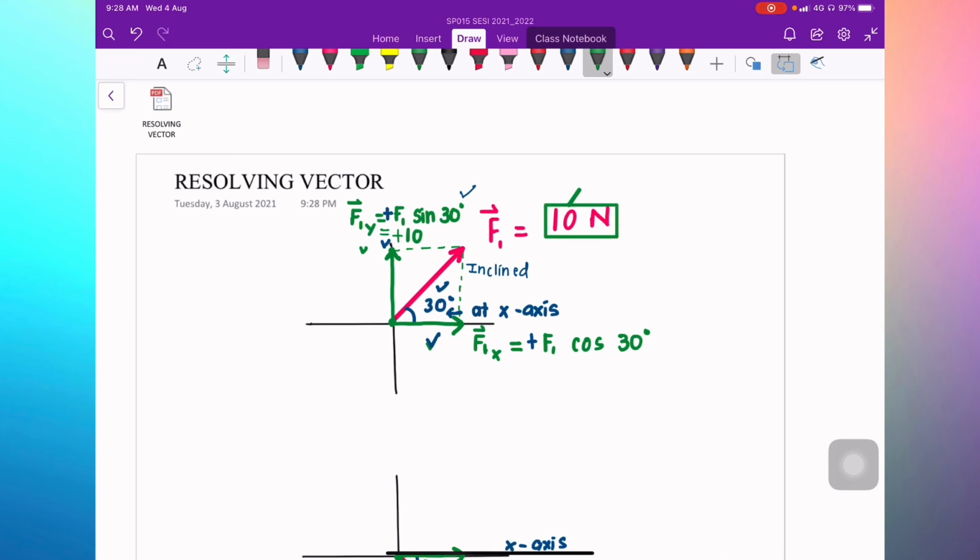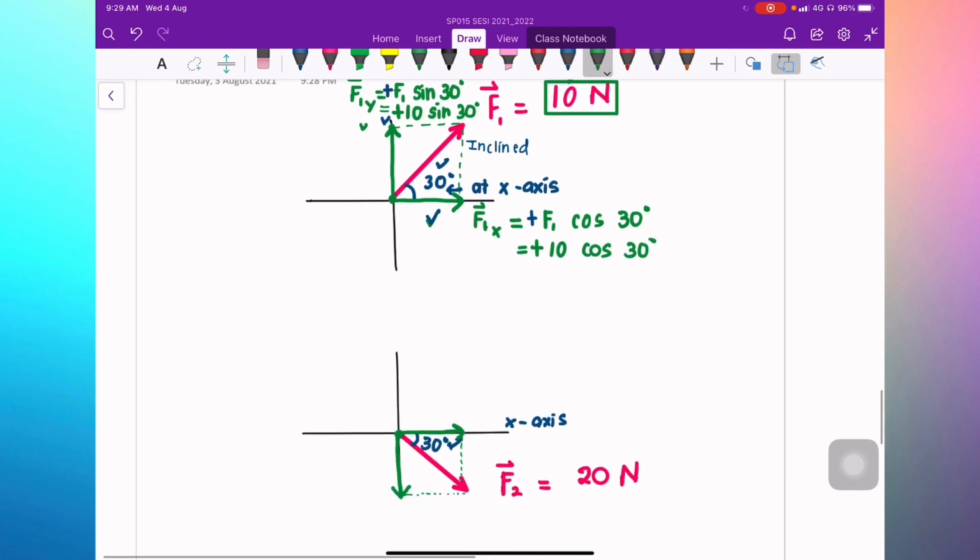So 10 sin 30, and the direction should be positive. And then for F1x, you can substitute 10 for F1, cos 30, and then put the sign here, positive to the right.